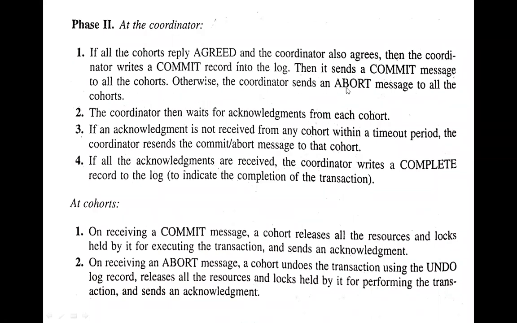Otherwise, the coordinator sends an abort message to all the cohorts. So only once all the cohorts have replied agreed is it going to write the commit record into the log and send the commit message.